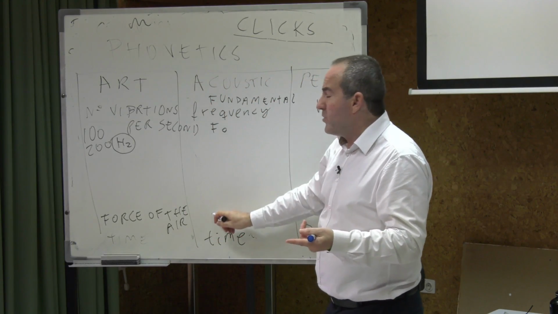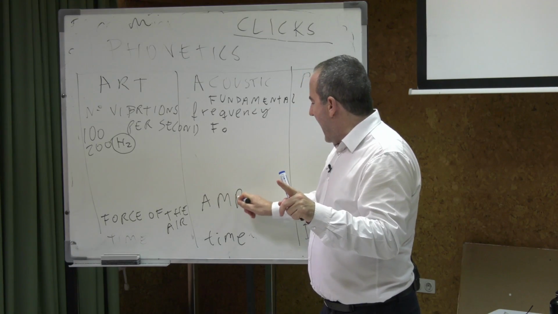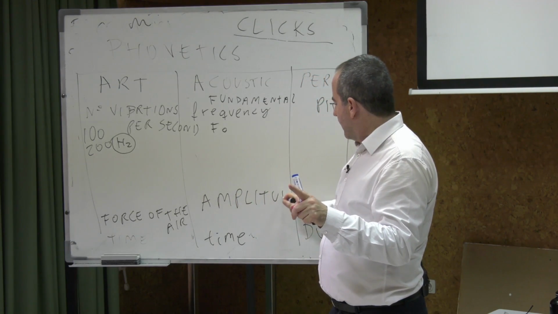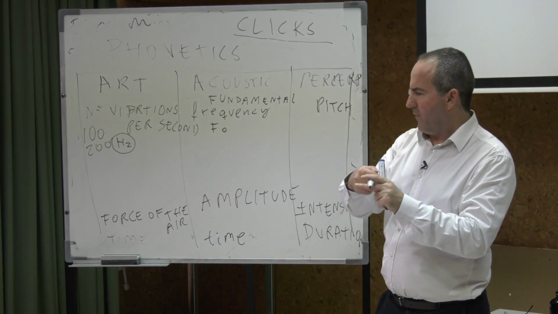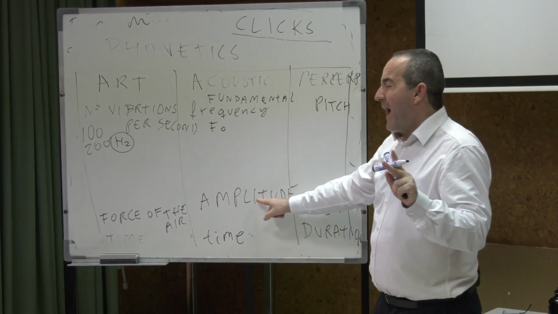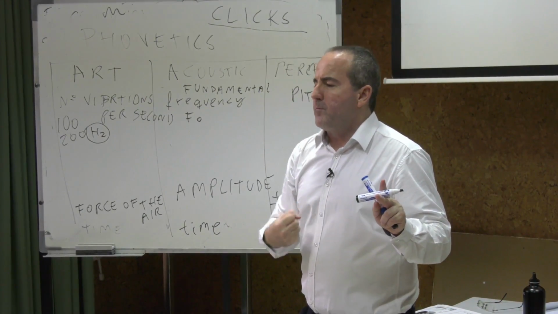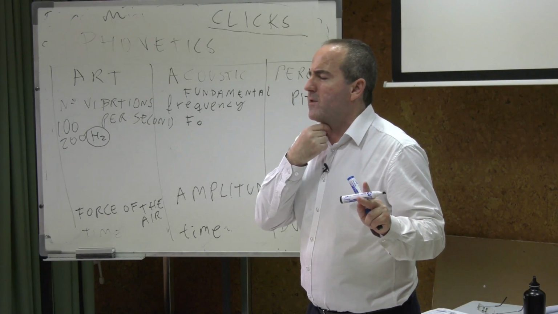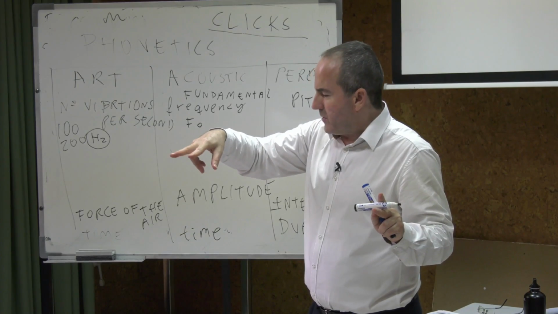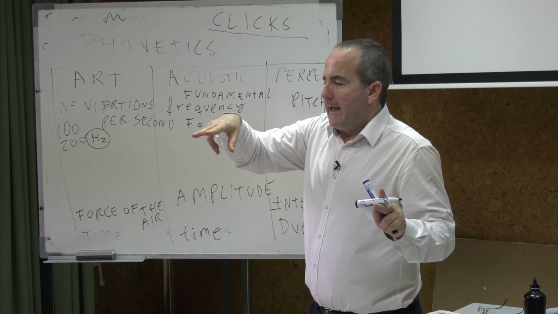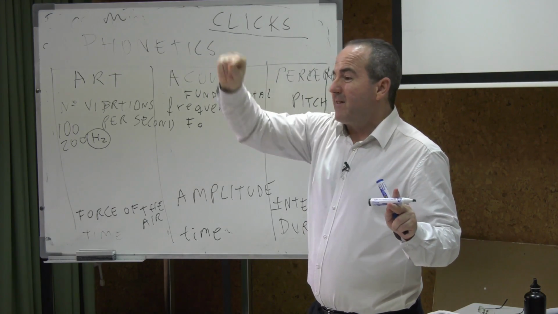How is it acoustically? This is what we call in acoustics the amplitude. Have you ever heard of the amplitude of the sound wave? Why is it called amplitude? Because if I put more pressure, the vocal folds are going to open more and close, and that's going to make the particles of air vibrate more.